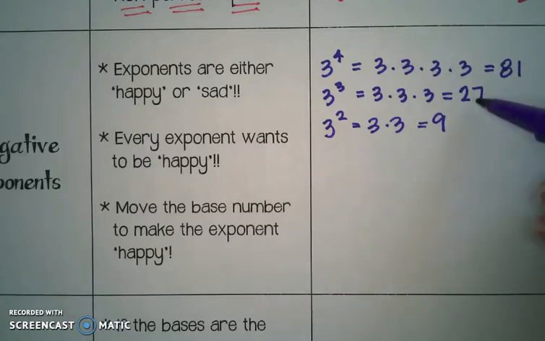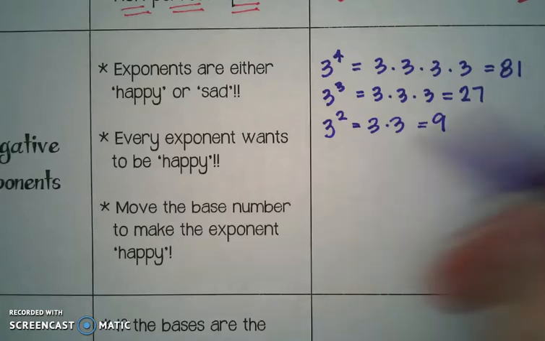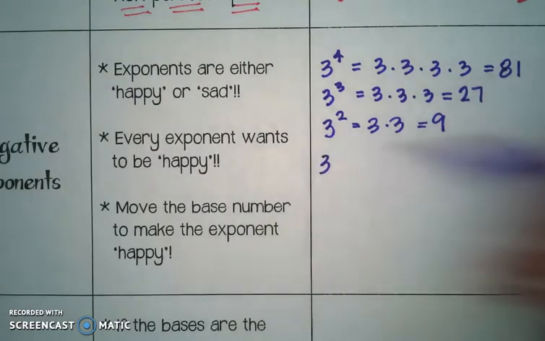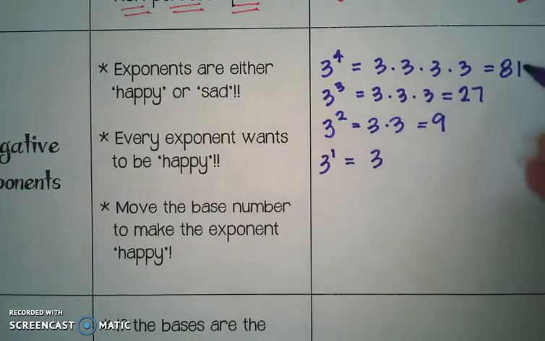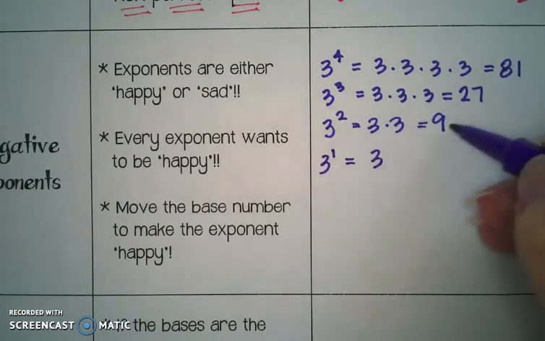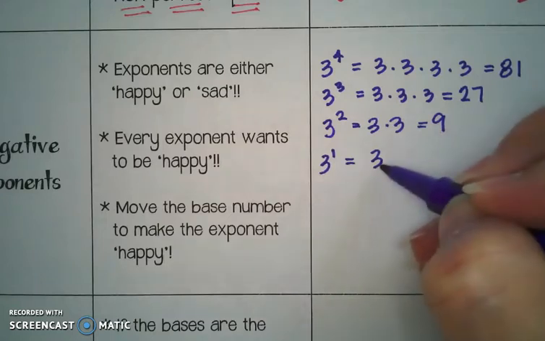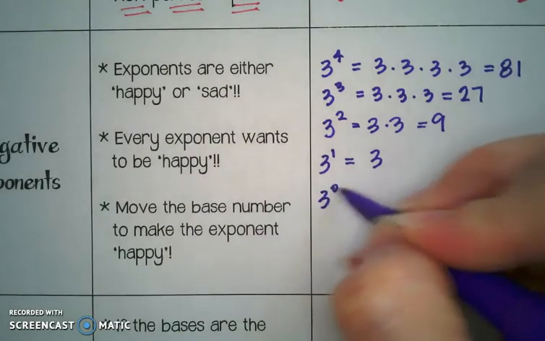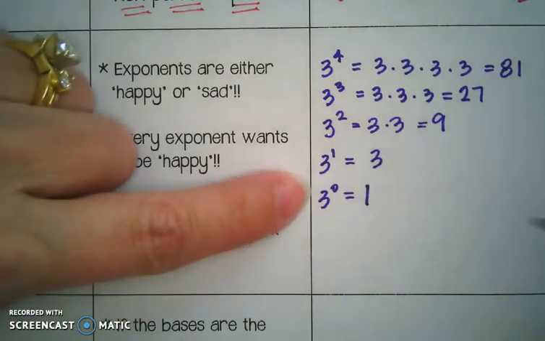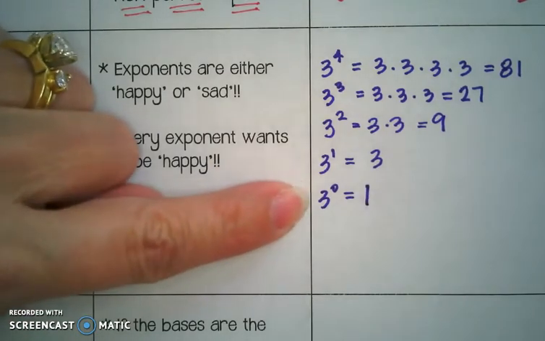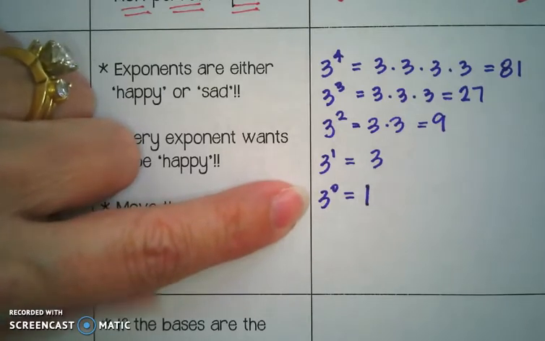And 27 divided by 3 is 9, which is why 3 to the first is just 3. So we're dividing by 3, dividing by 3, dividing by 3. If we divide 3 by 3, that equals 1, which is why anything to the 0th power is 1.